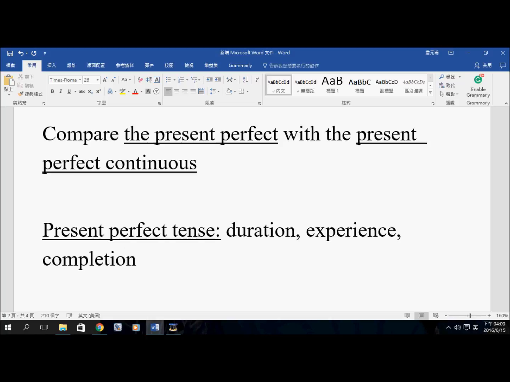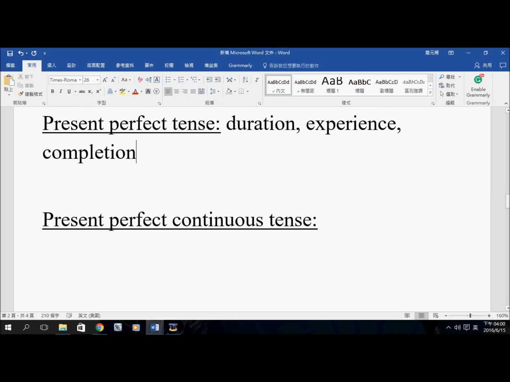Okay, so that's present perfect tense. Use it in 3 different situations. As for the present perfect continuous, remember it's the combination of present perfect and present continuous. We can only use the present perfect continuous to talk about the duration, not the experience, not the completion.